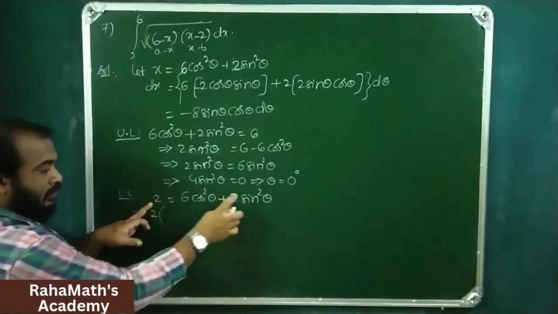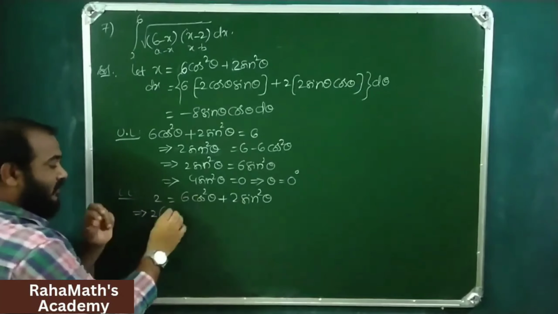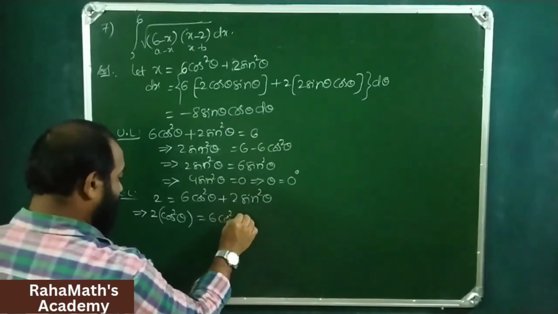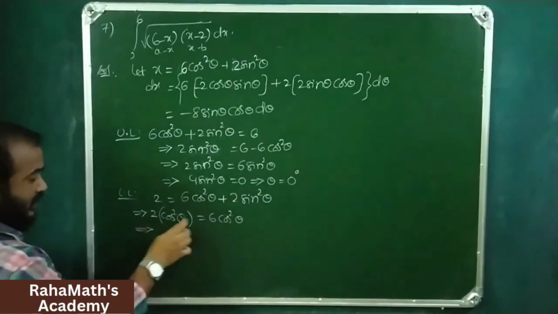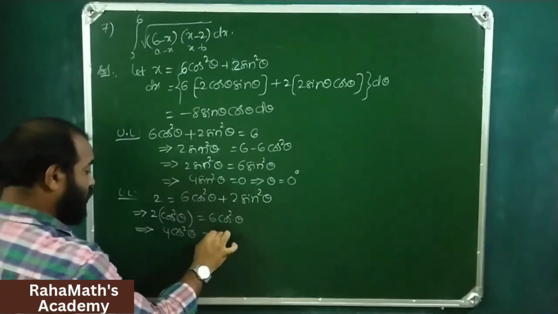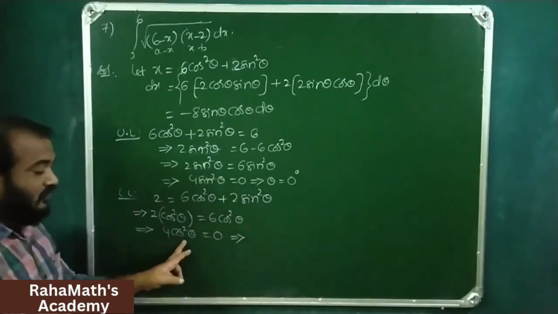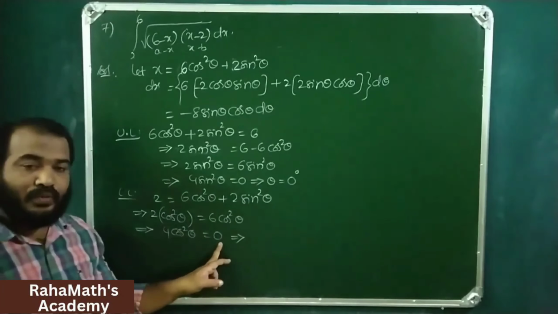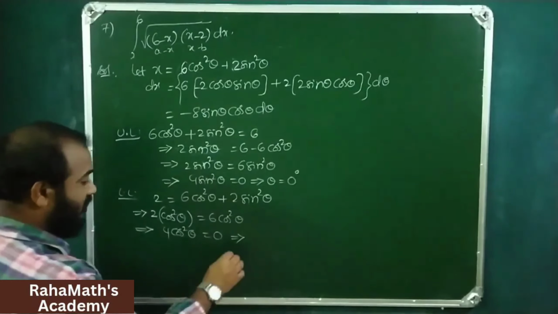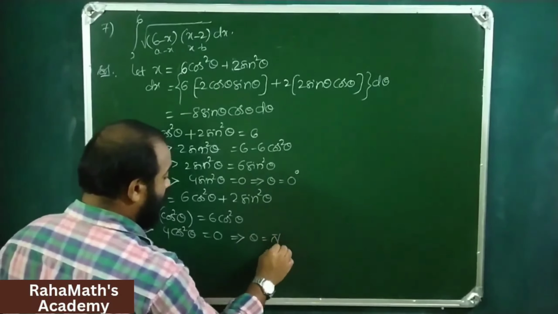Take 2 in common. 1 minus sin square theta is cos square theta, equal to 6 cos square theta minus 2 cos square theta, so 4 cos square theta equals 0. So cos square theta is 0, theta is equal to pi by 2.